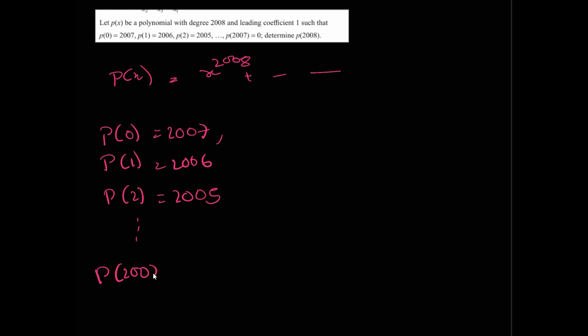P of 2007 equals 0. Now, this can be written as p of x equals 2007 minus x for all x belonging to 0, 1, and so on up to 2007.